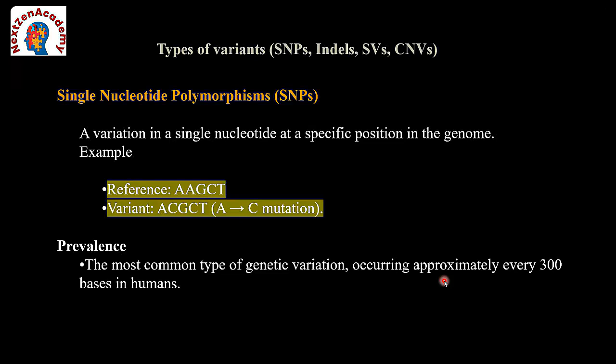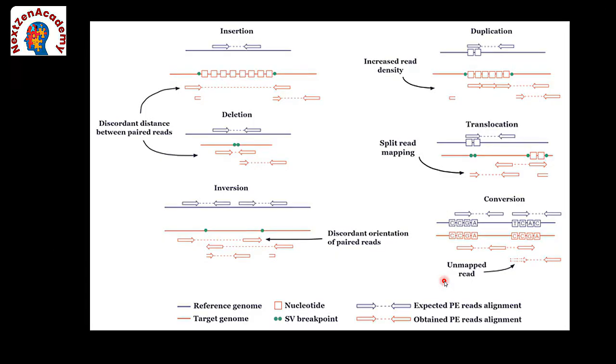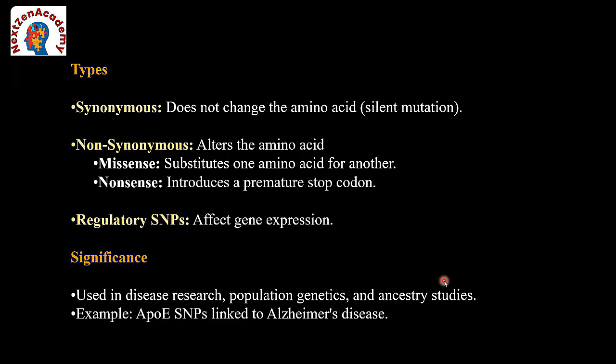Here in the reference AAGCT, instead of A, a C is replaced in one sample. That is called a variation. In a human sample, for every 300 bases, one single nucleotide mutation happens.